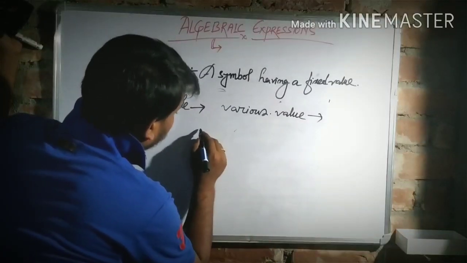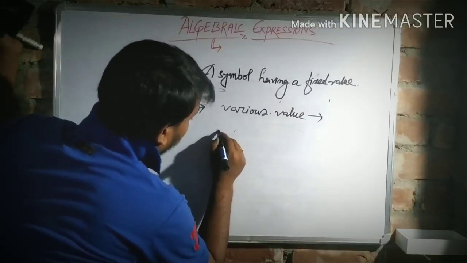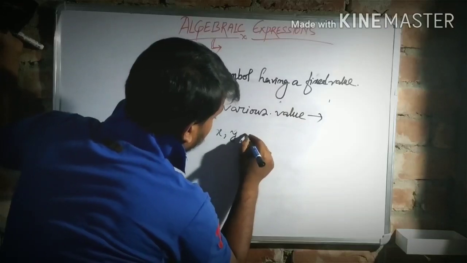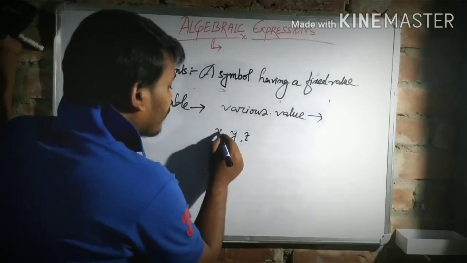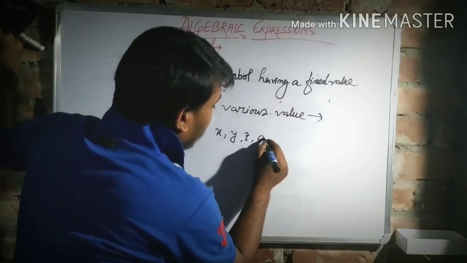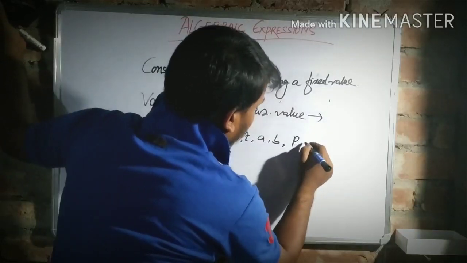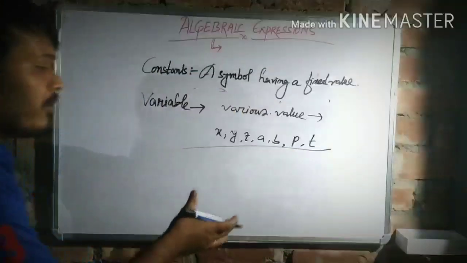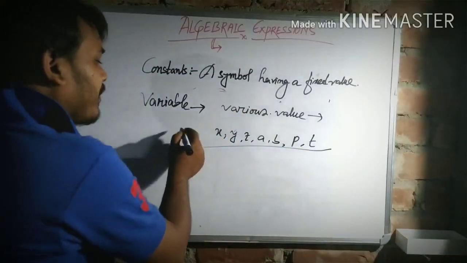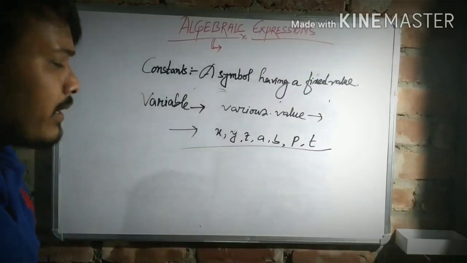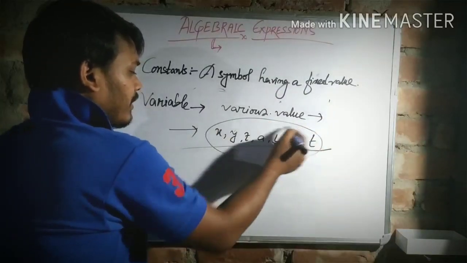All variables are denoted by small letters, but generally we use x, y, z, a, b, p, t. These letters we use more.